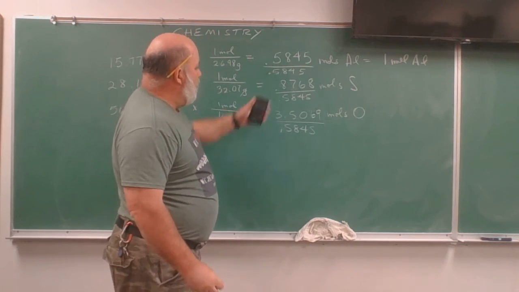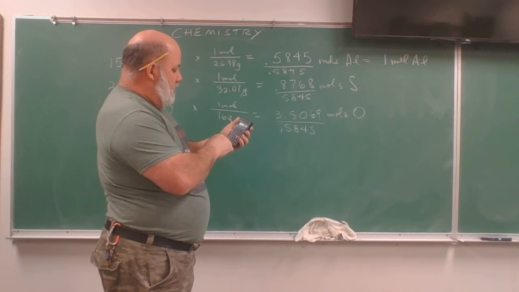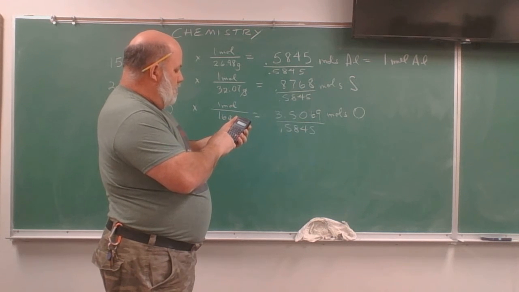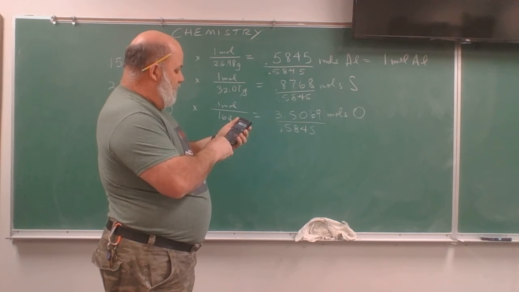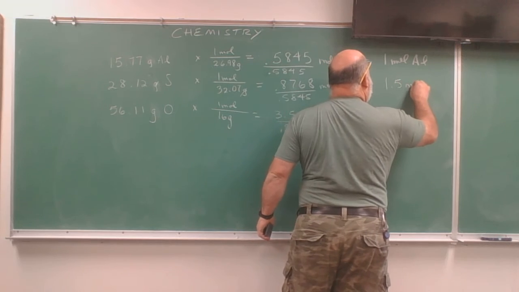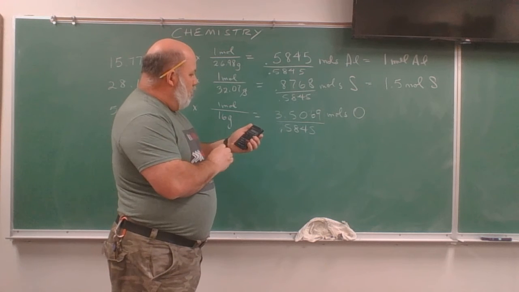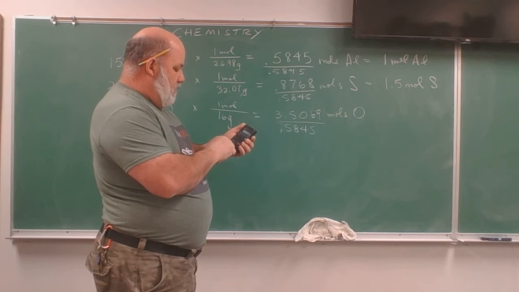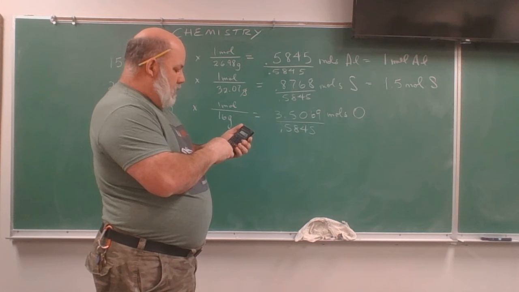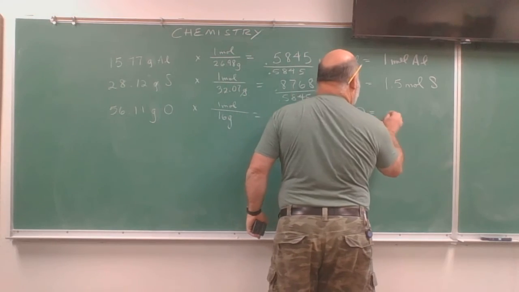Okay? 0.8768 divided by 0.5845 gives me 1.5 moles of sulfur. 3.5069 divided by 0.5845 equals 5.9 repeating.